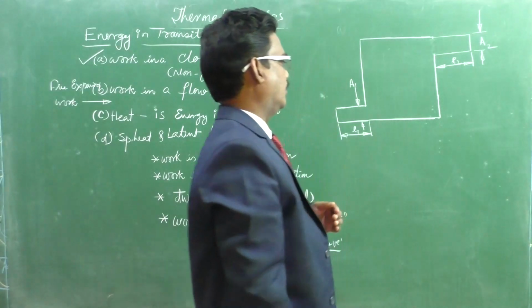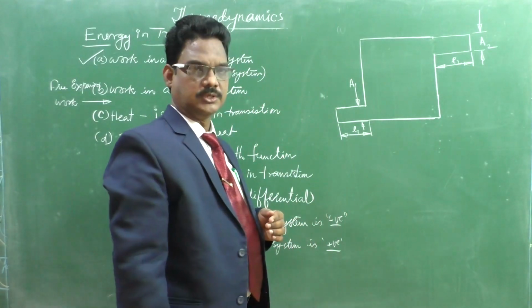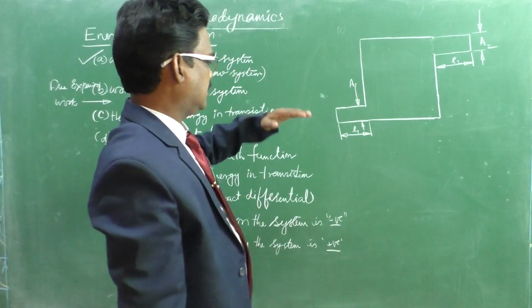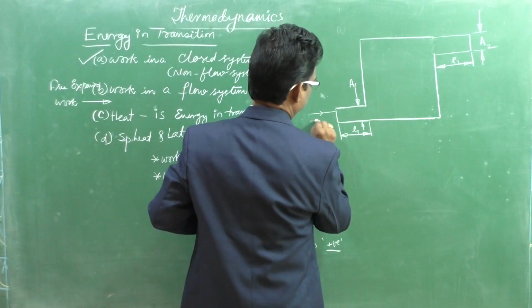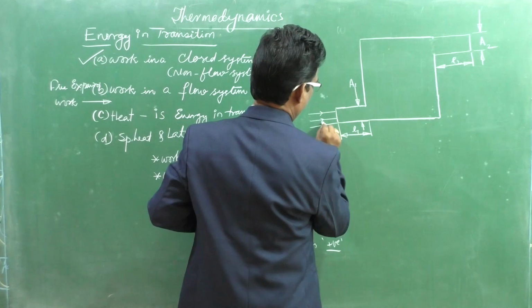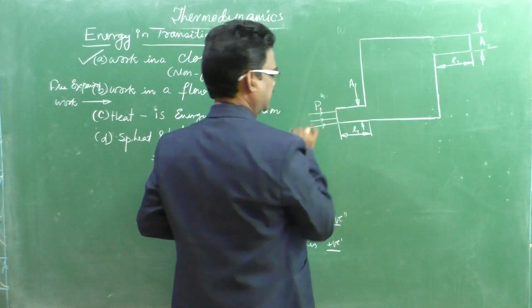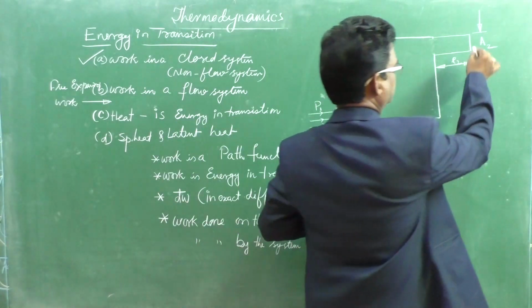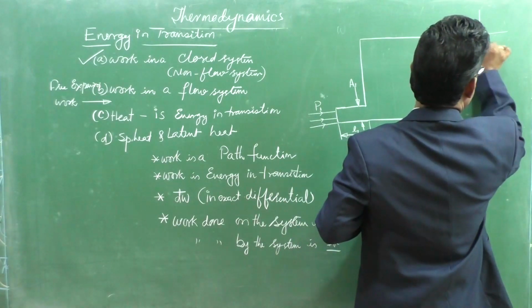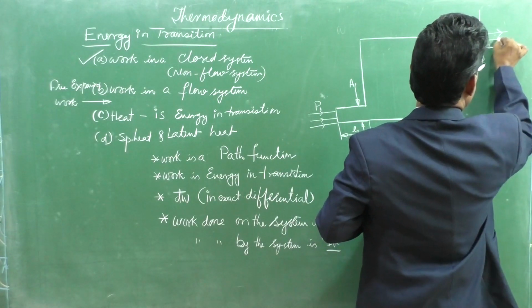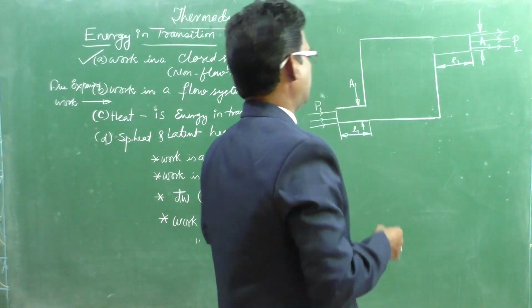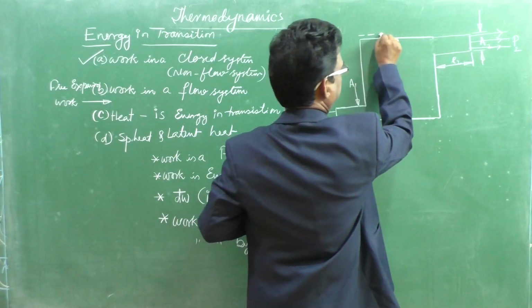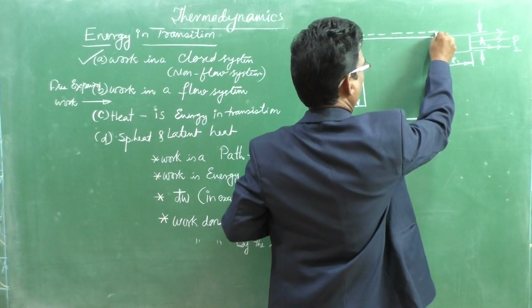Initially the fluid enters with a pressure of P1 and leaves at pressure P2, and I consider this as the control volume.